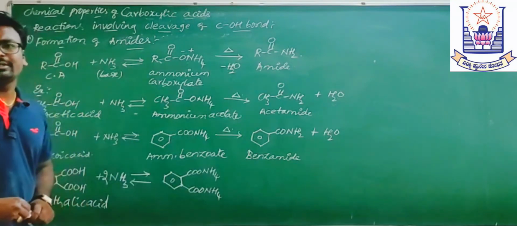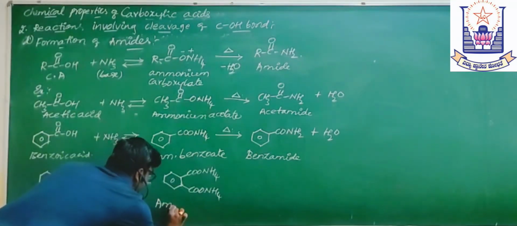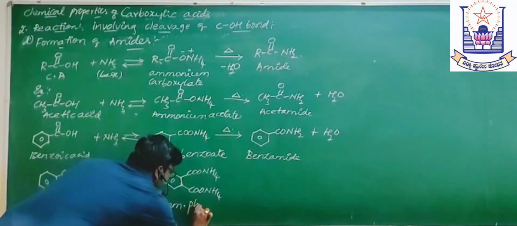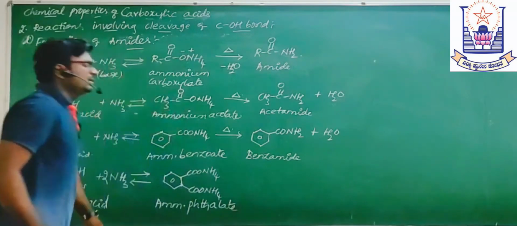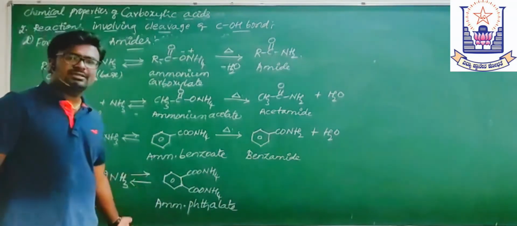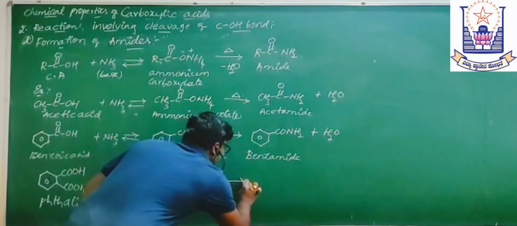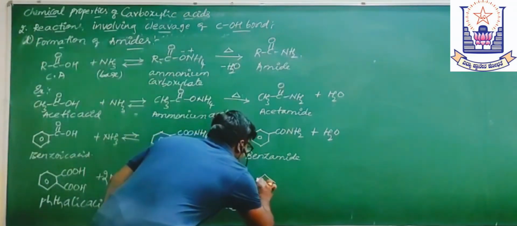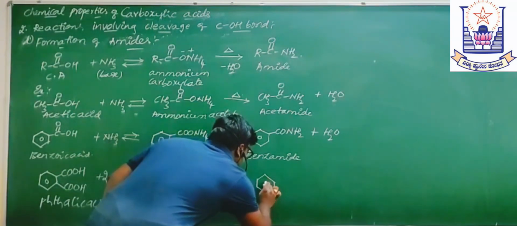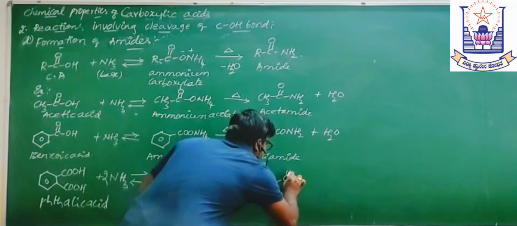This is an unstable salt. This is called ammonium phthalate. See, this is unstable and gives a product, that is phthalamide. Phthalamide you are going to get like this.